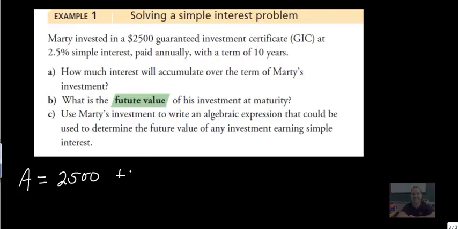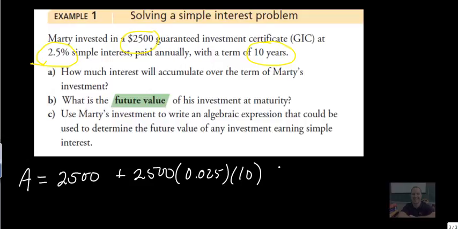Plus, we want to find out how much total interest we're going to make off this. And that simple interest formula is the decimal form of the annual percent, 2.5%, times 10 years times our principal. So this is going to be 2,500 times 0.025 times 10. And that's going to be the future value.